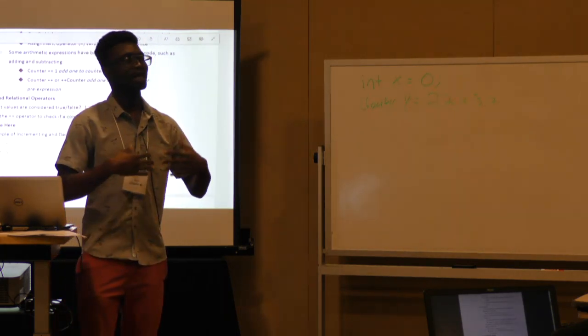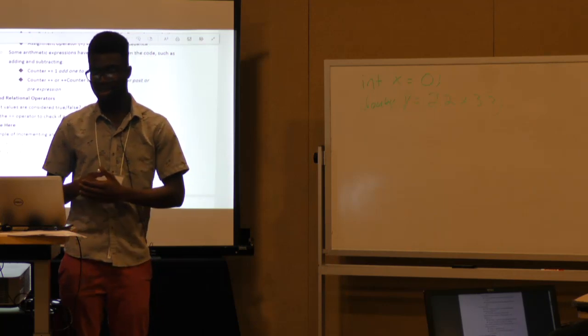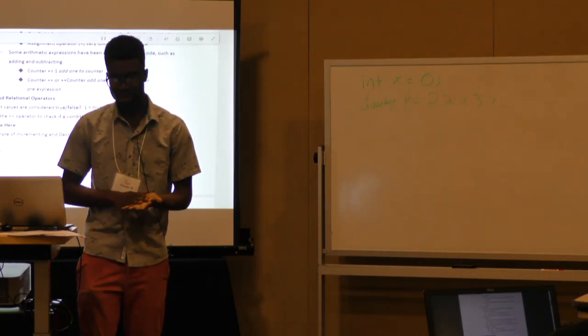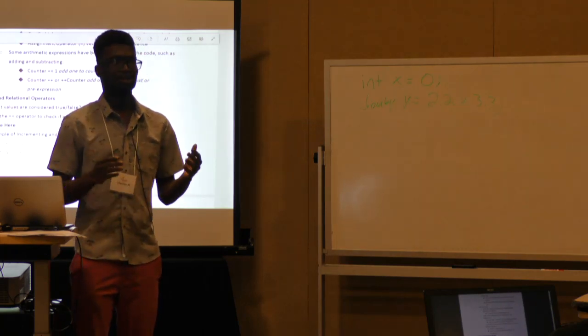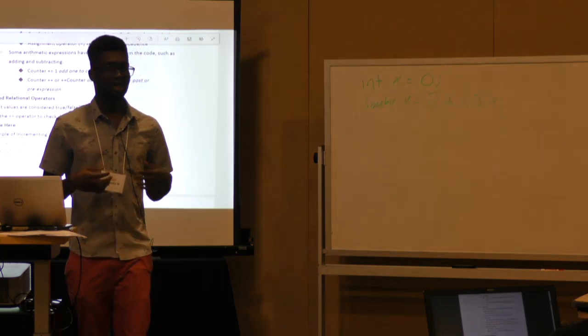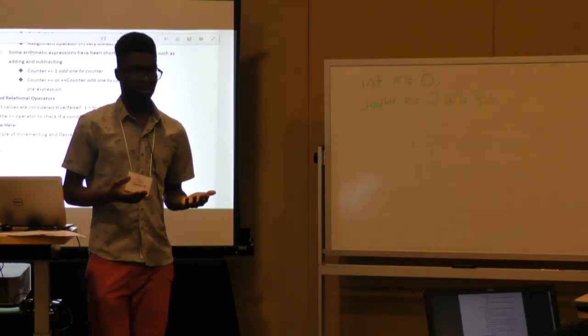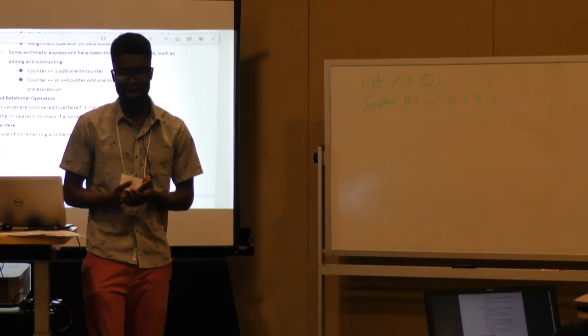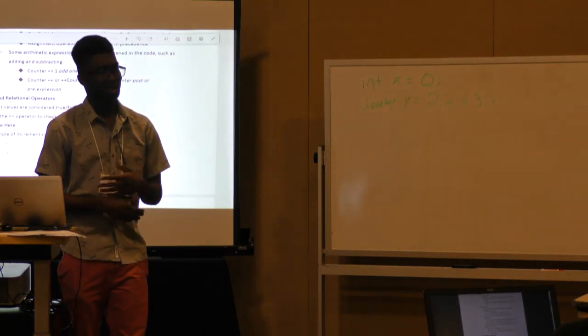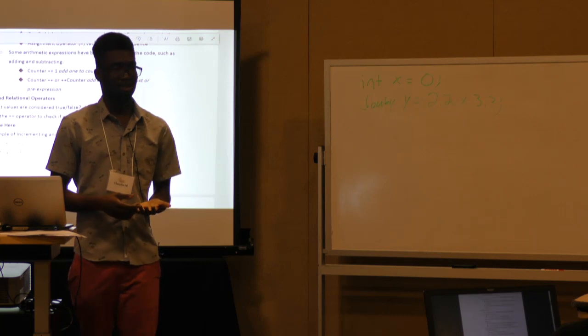So we think of it as true and false, whether or not this statement is true or false. But in C, true and false isn't represented with just the words themselves. True and false has a value. So it's important to keep in mind that 0 is considered false, and anything that's not 0 is considered true.